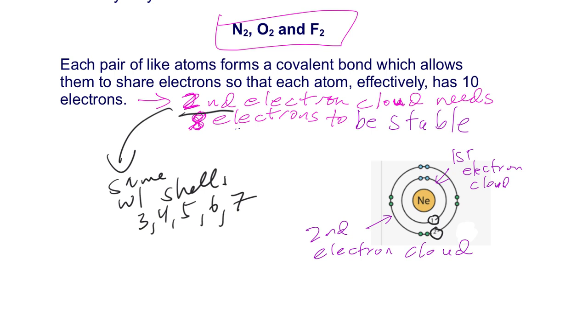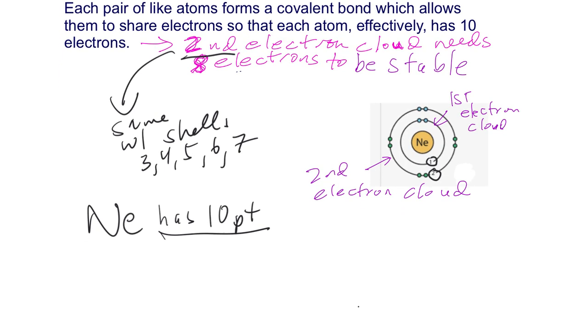So here we see neon. Neon has, let's see, 10 protons. If you look at the periodic table, you can find it under helium. And you can see that its atomic number is 10, so it has 10 protons.